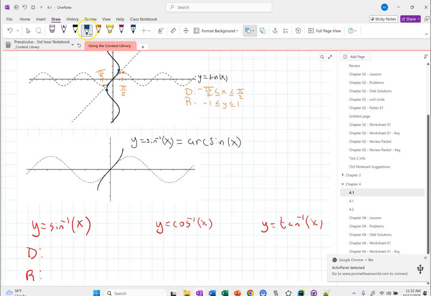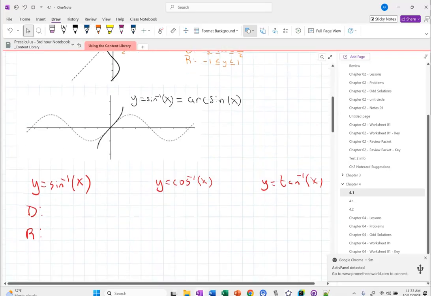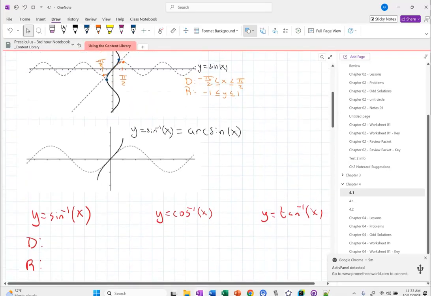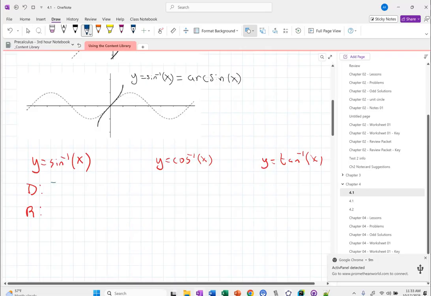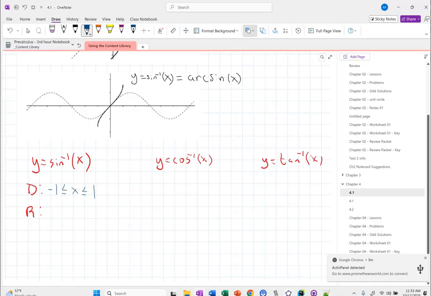So when I look at the domain for sine inverse, remember, if I take a function and make its inverse, what happens to its domain and range? They flip. So the range for sine was -1 to 1, so the domain for sine inverse is going to be -1 to 1.